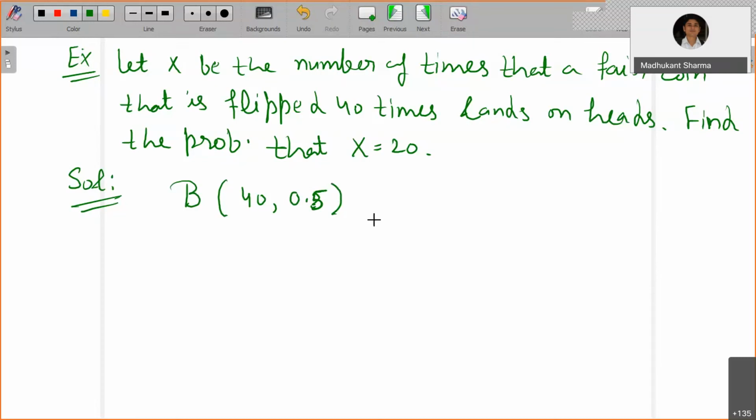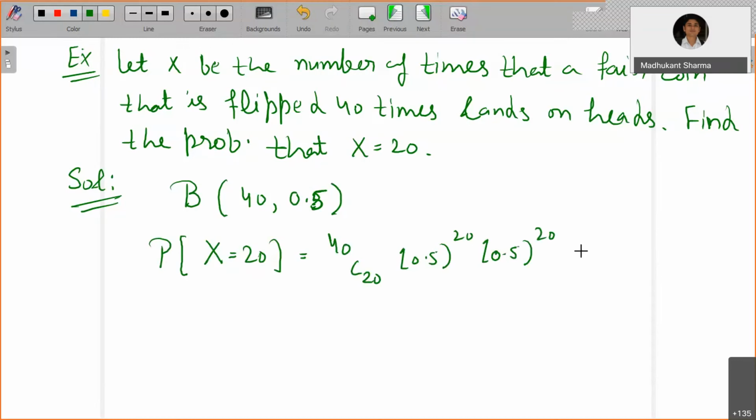So from the binomial distribution, you can straightforwardly give the probability that X equals 20: it is 40C20 times 0.5 to the power 20 into 0.5 to the power 40 minus 20, that is again 20, and that value is going to be somewhere like 0.1254.